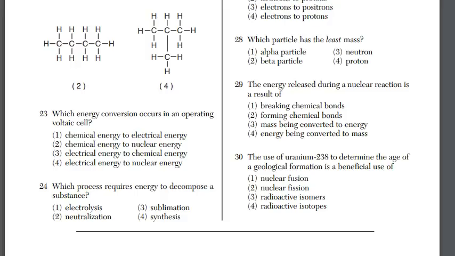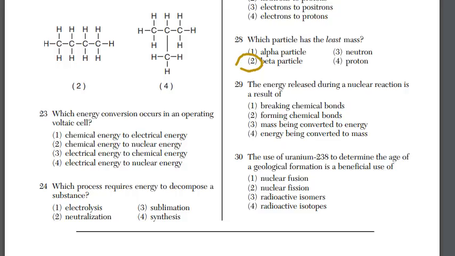All right, for 28, which particle has the least mass? So alpha, beta, neutron, or proton. Now you might know this just flat out. The answer is a beta particle.